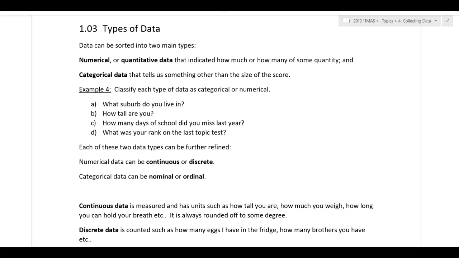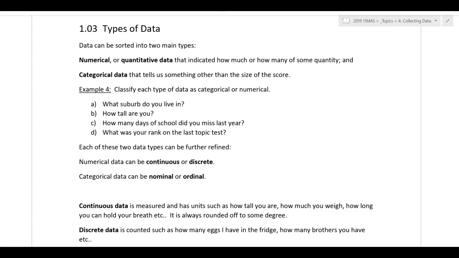So if I asked, what setting do you use most on your ceiling fan? Low, medium, or high? We know that medium goes in the middle, that low's at one end and high's at the other end. I know high is the fastest, but I don't know how fast it is. Just that it's faster than medium and low.